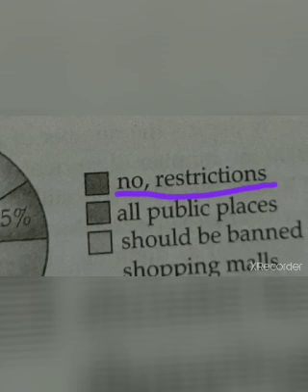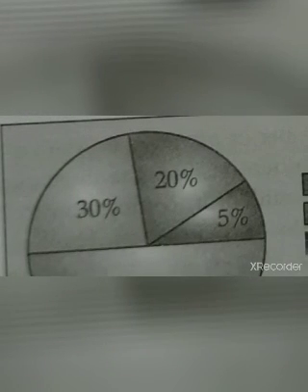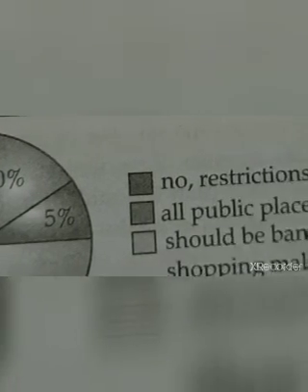So 5% of people are saying no restriction about cigarette smoking. So same way, what about the next one? Lighter than the first one, that is all public places. Which one is that? 20%, right?